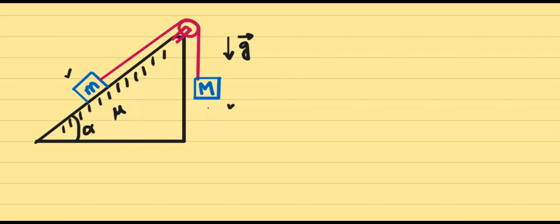So we know the acceleration of the system would be characterized by Newton's second law, which states that F equals ma. By the way, this m is not the same as the small mass m that we have in our system, but it's just a generic mass.